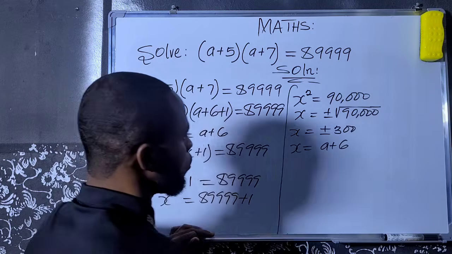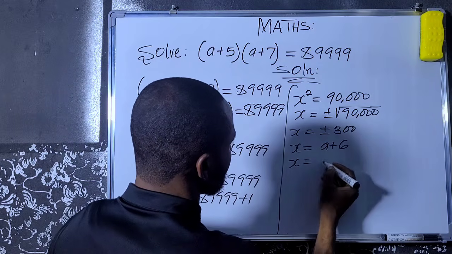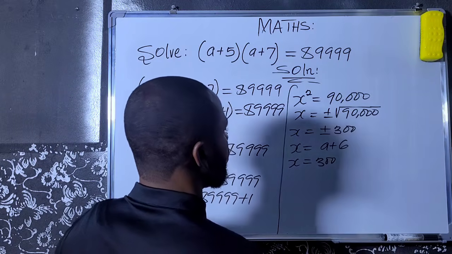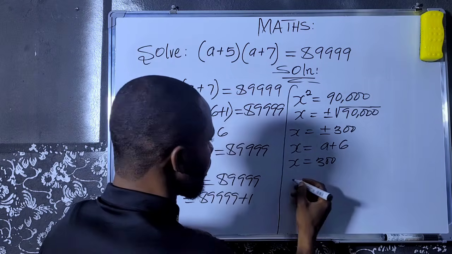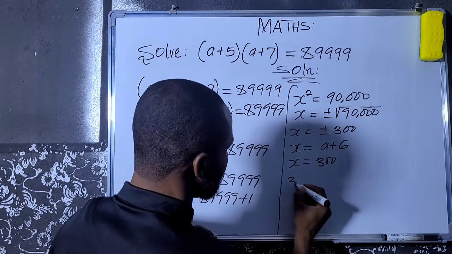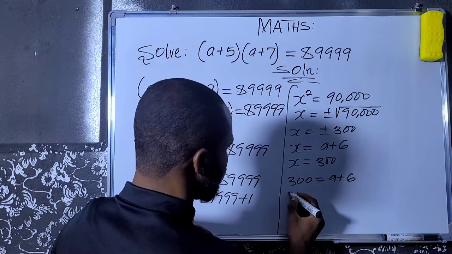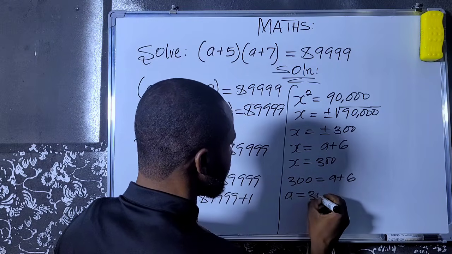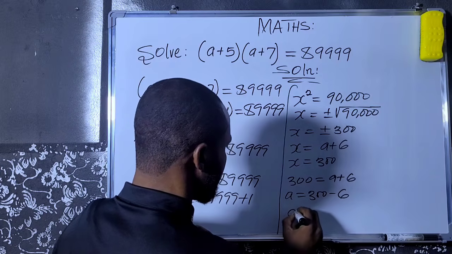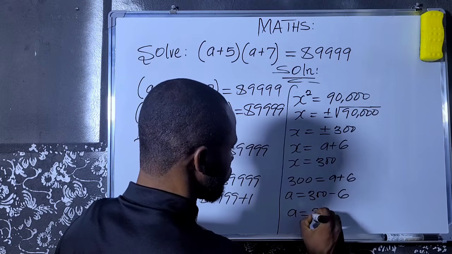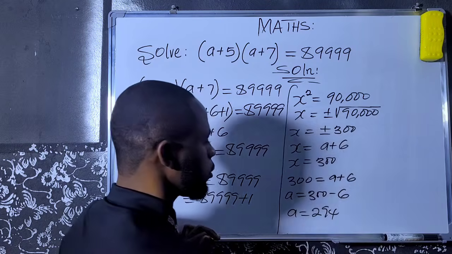In this case, when x equals 300, a will be: 300 = a + 6. Then here a = 300 - 6, and a = 294.